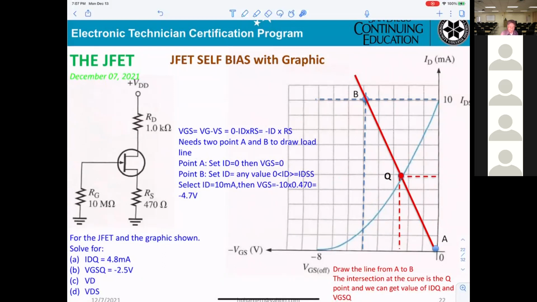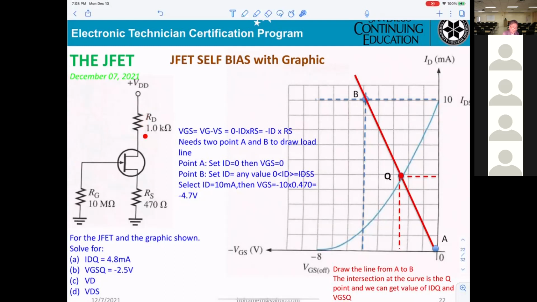So, in order to solve the problem, instead of using the graph here, they can tell you, okay, I give you VD. If you get a VD already given to you, you can calculate the ID.